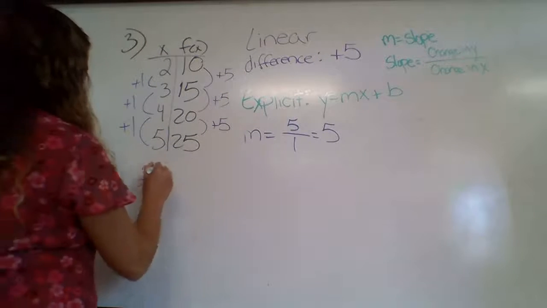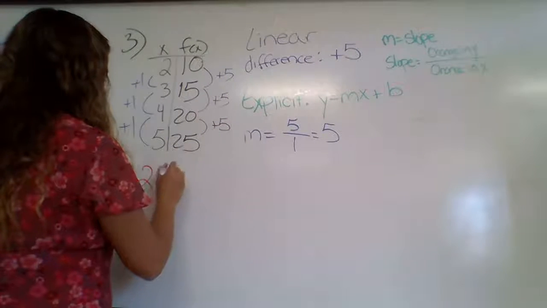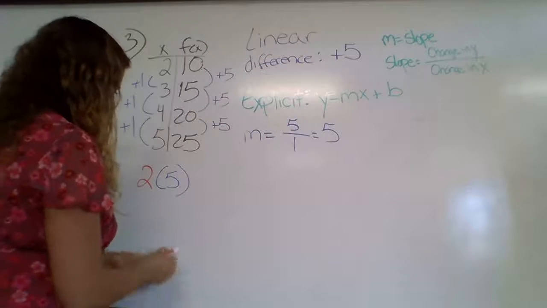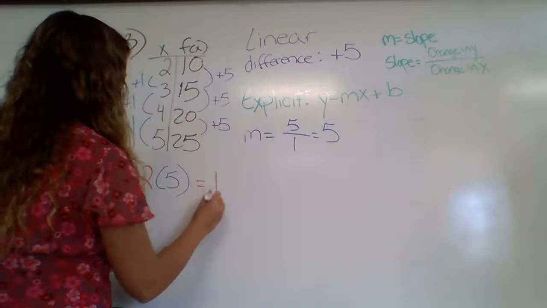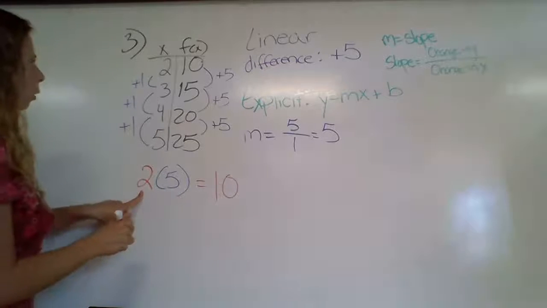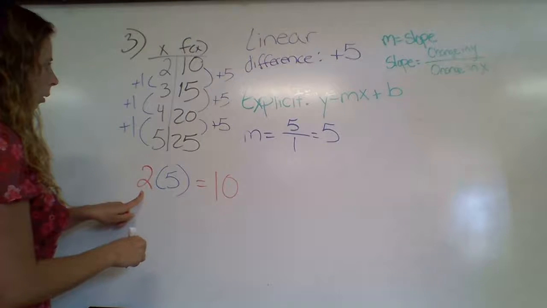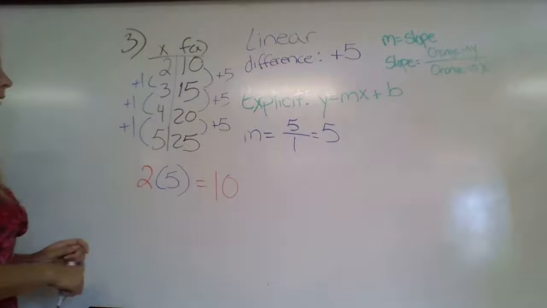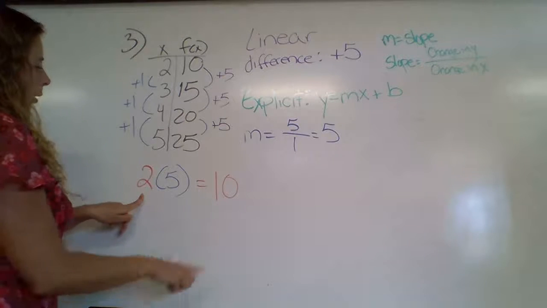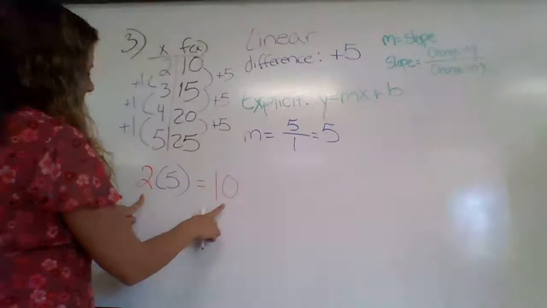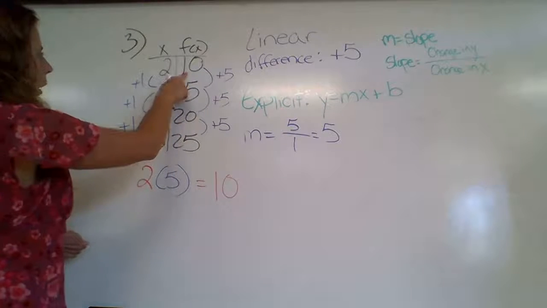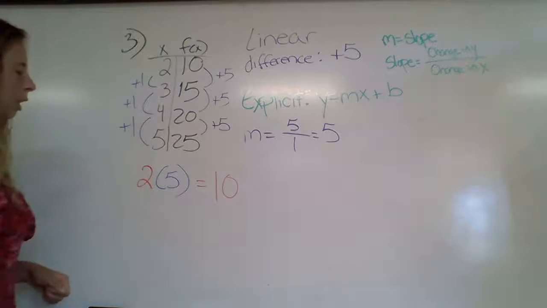So 2 times 5, that equals 10. So when x is 2, oh, this is an easy one. When x is 2, y is 10. Look, that's already correct. So we don't have to make any adjustments.